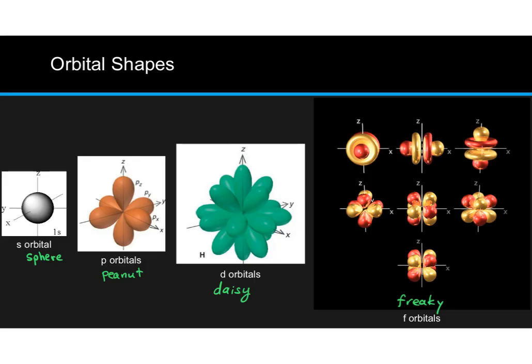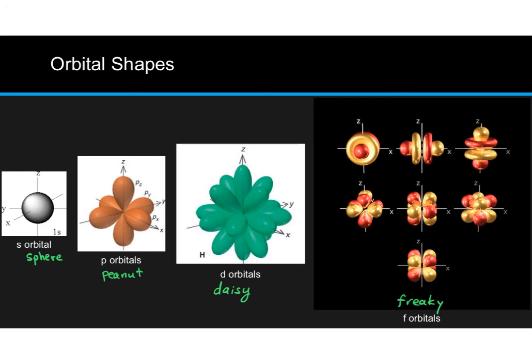All told then, if we go back to our orbital shapes and superimpose all of the possibilities for p and for d orbitals on top of one set of axes, what we find is that s orbitals, spherical orbitals, with only one possibility for orientation in 3-dimensional space, looks fairly benign.